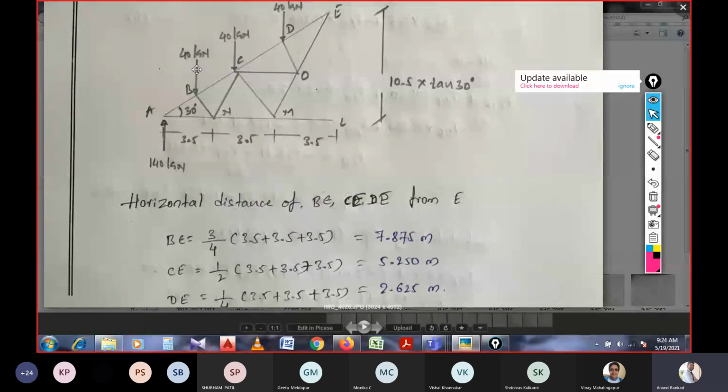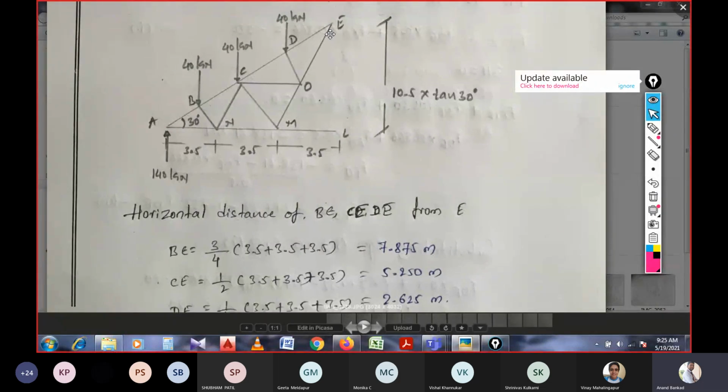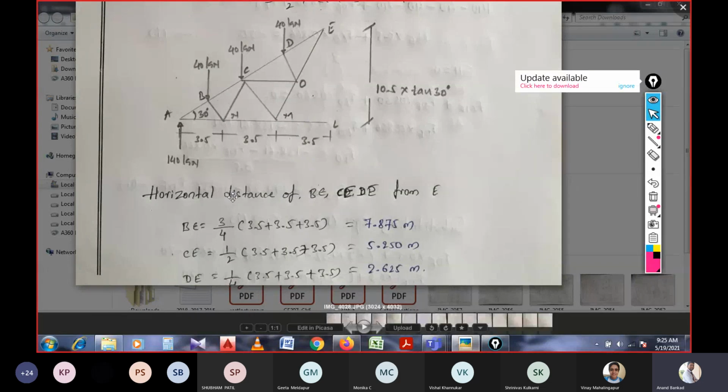Here, we are taking the moment about point E in order to calculate the unknown force in the member ML, right? That is how it will be known by referring to a number of problems. If we take the moment about E, then we need the distances of each load from point E. So I could write the horizontal distances BE, CE and DE; that is, from point E we need the horizontal distances of B, C and D. How do you calculate that?